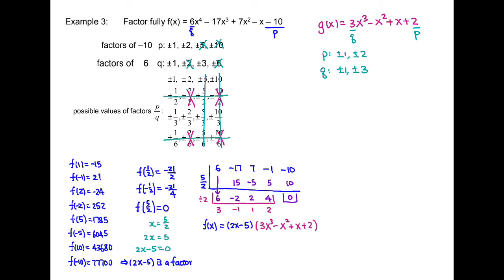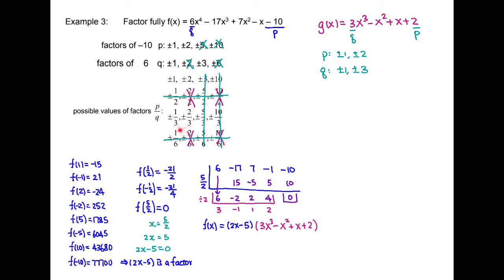And now we're going to try those values for the new function to see which one works. However, because originally for the f function, positive negative 1 and positive negative 2 don't work, that means for the new function g(x), positive negative 1 and positive negative 2 will not work either.